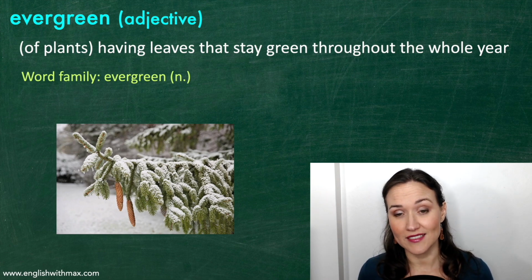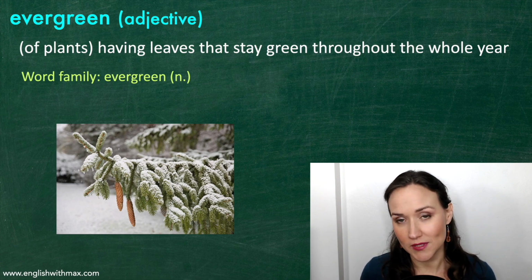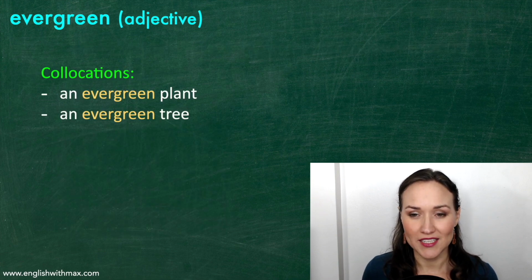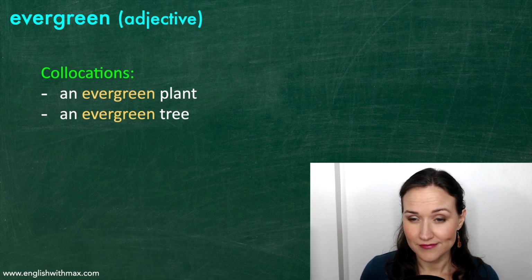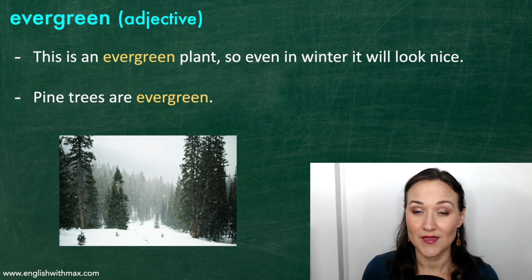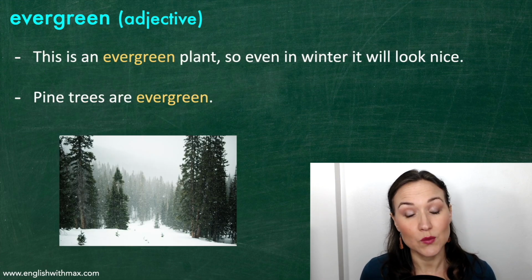An evergreen is a plant that has green leaves throughout the whole year. Here are a couple of collocations. An evergreen plant and an evergreen tree. This is an evergreen plant, so even in winter it will look nice.